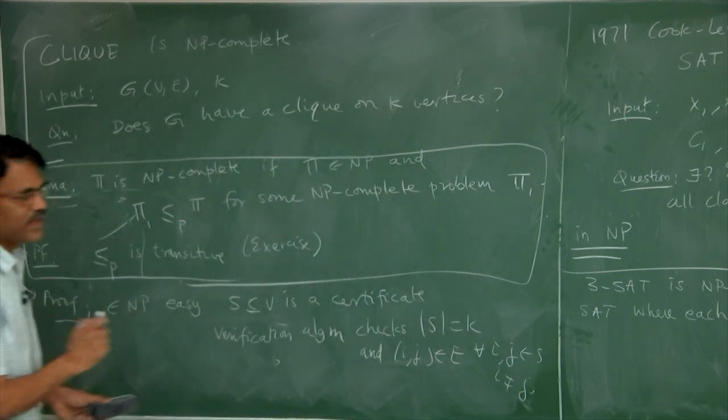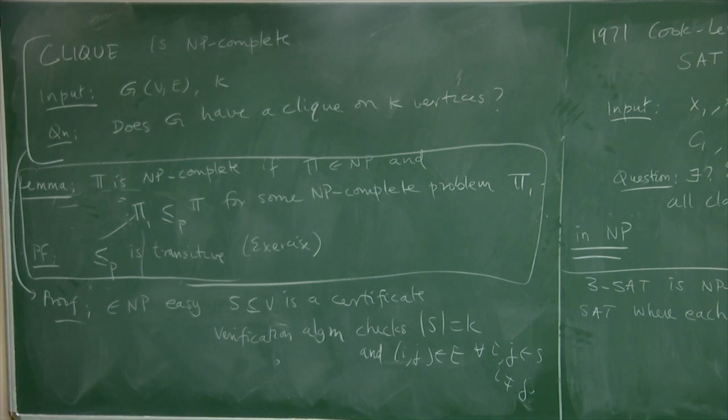At least one thing I want to write formally so that you know what to write in your assignments. I don't want you to say it's in NP, easy to check. Usually it's easy, but please do write the formal definitions.